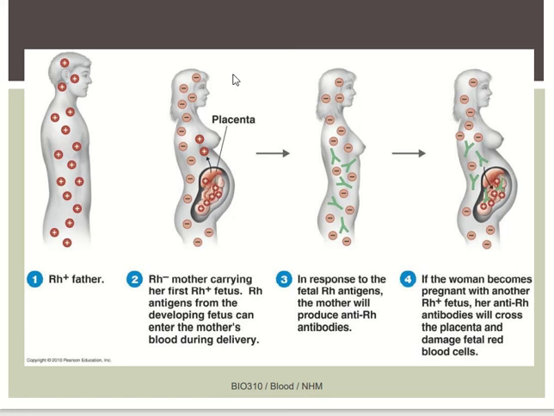In this case, the mother is pregnant with a rhesus positive baby, which is not compatible with the mother's rhesus negative blood. The rhesus antigen from the developing baby can enter the mother's blood during delivery. However, it's safe for the first pregnancy.